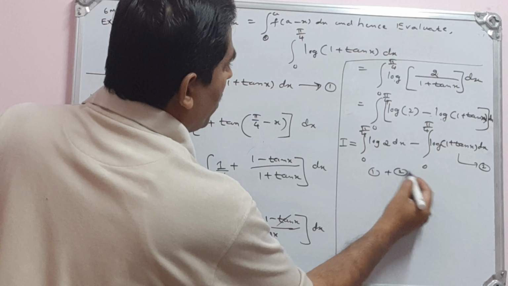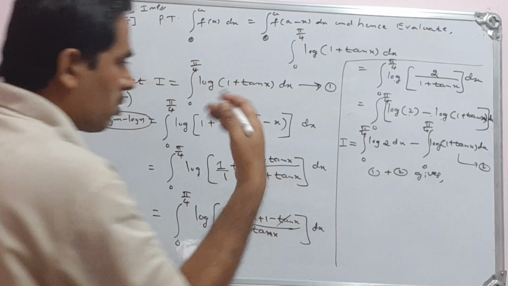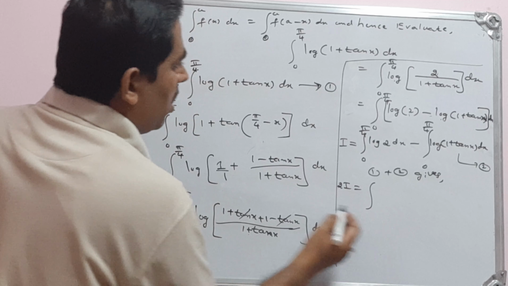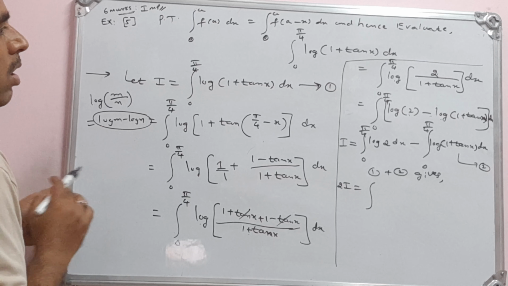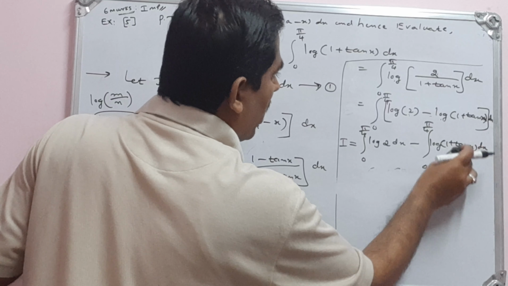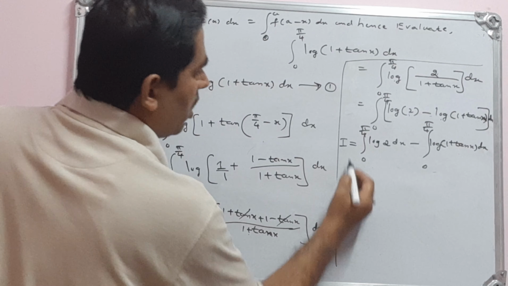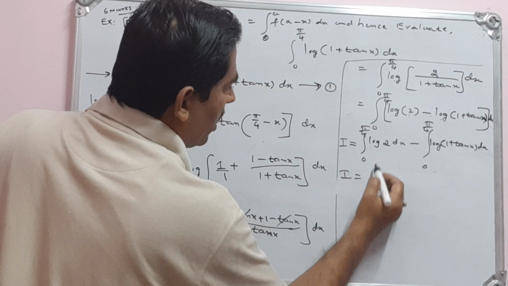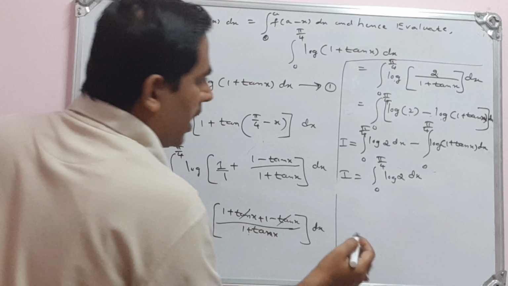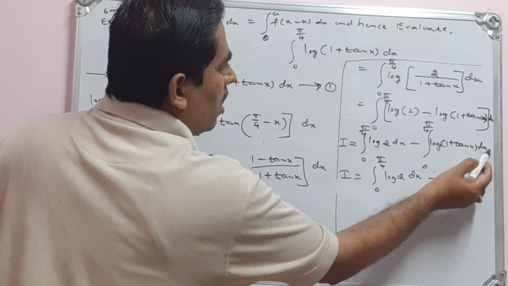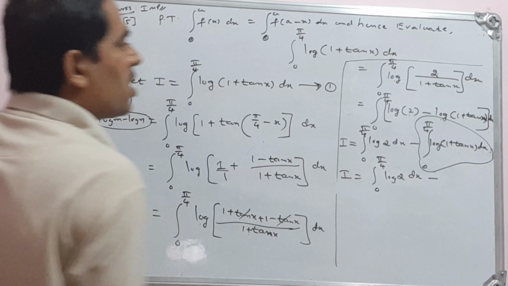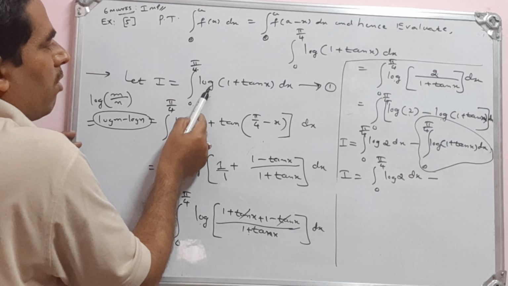So adding equations 1 and 2, corresponding LHS, I plus I will be 2I. Let me write another step. On the left hand side I will get I. Observe the second integral, integration of 0 to pi by 4 of log of 1 plus tan x.